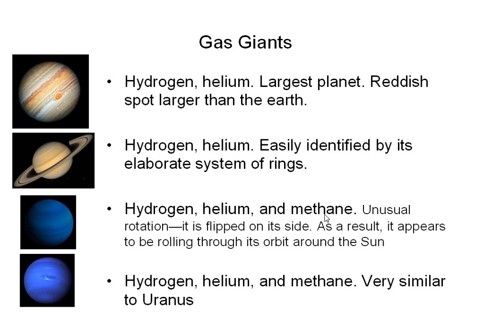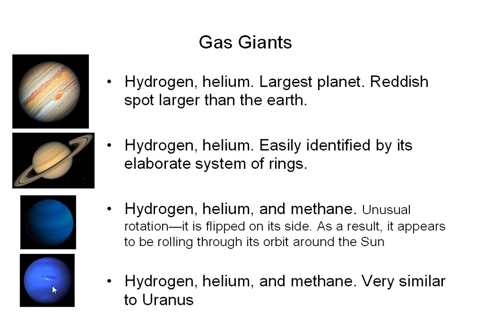Lots of methane, actually. And methane can absorb red light. So when the white light comes to this thing, the red light is absorbed, so only the blue light is reflected to your eyes, so it looks blue.